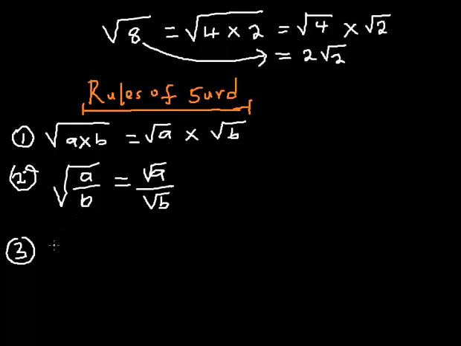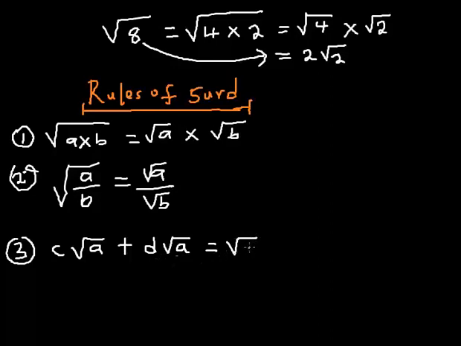If I have square roots with different coefficients, let's say c square root of a and of course d square root of a, the only way I will simplify this is to factorize.